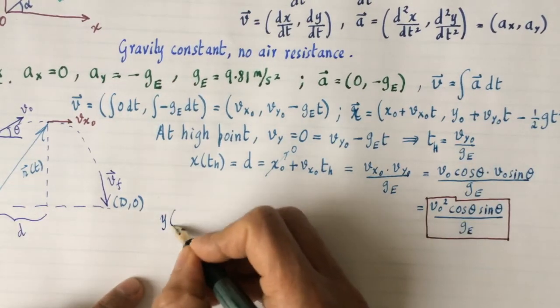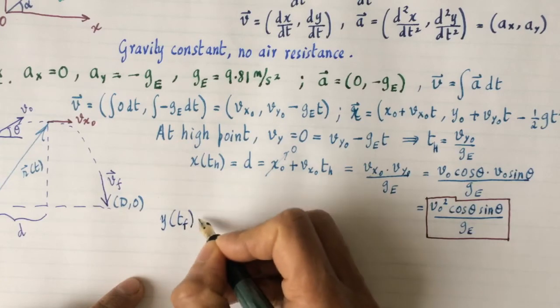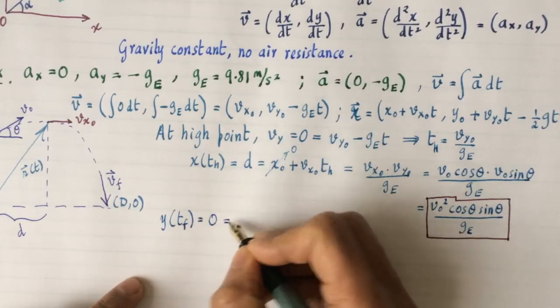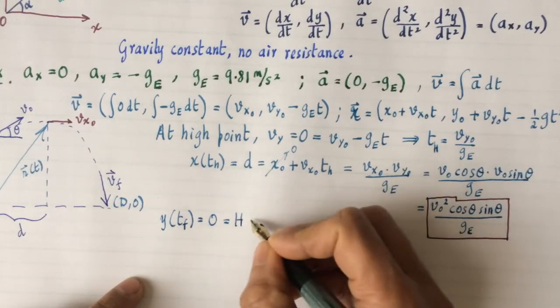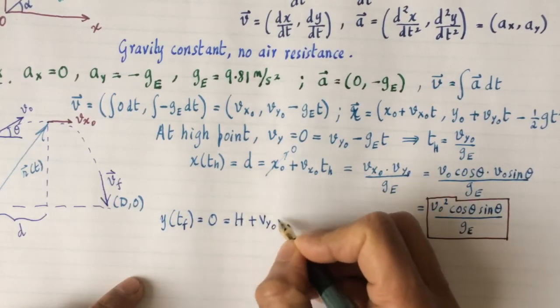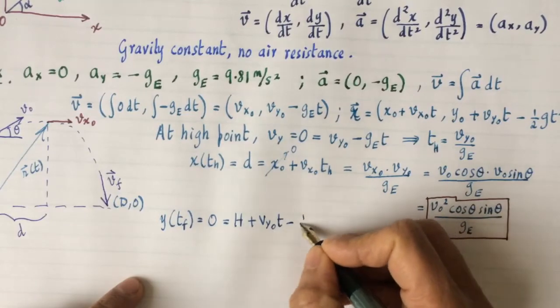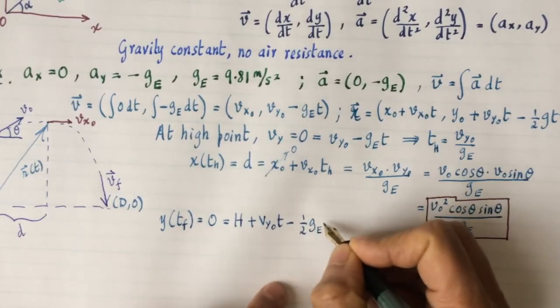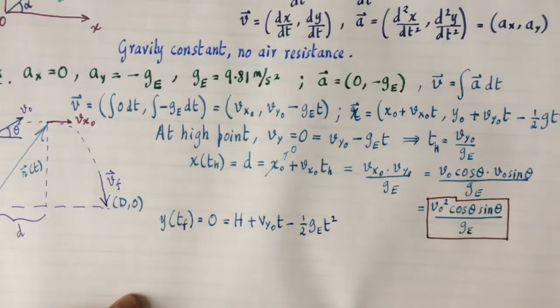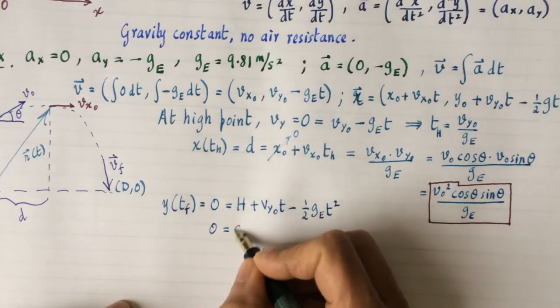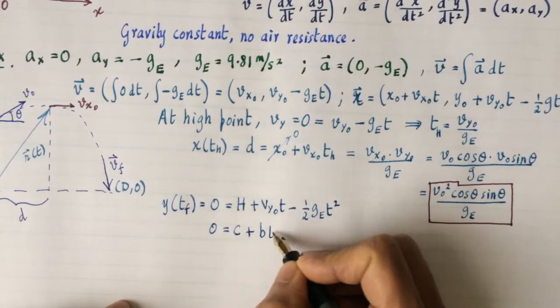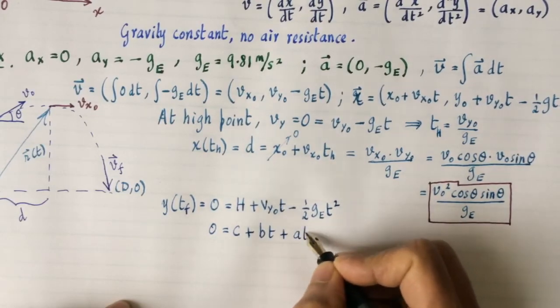So at the final time t sub f, I'm going to get y naught, which is the initial height, plus vy naught t minus 1/2 gt squared. This is none other than a quadratic equation of the form 0 equals c plus bt plus at squared.